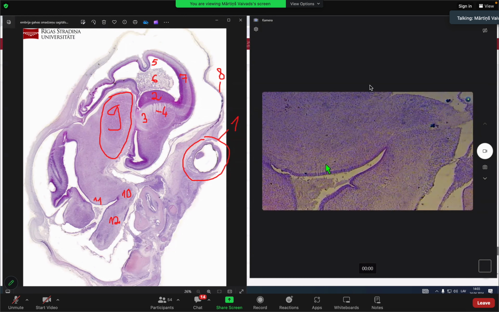But number 12 is medulla oblongata. It's here. This other part going downwards, it's medulla oblongata. Only the surface, yes. That's 11. So 12, medulla oblongata.